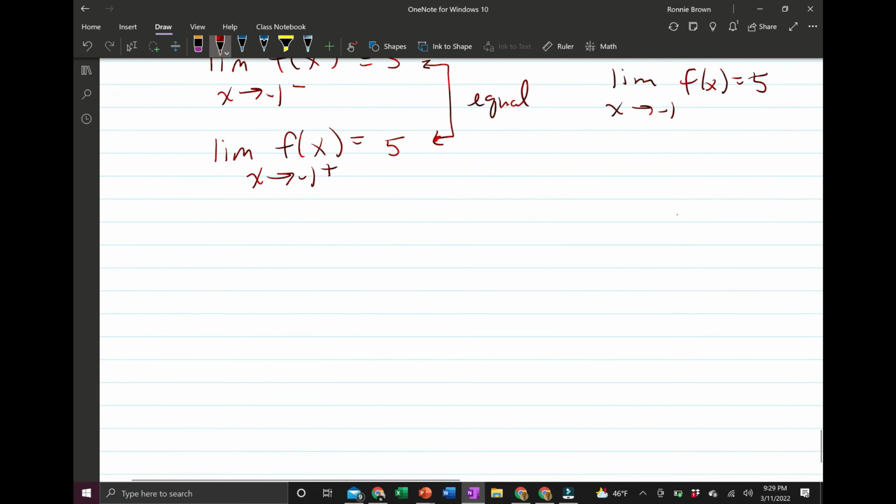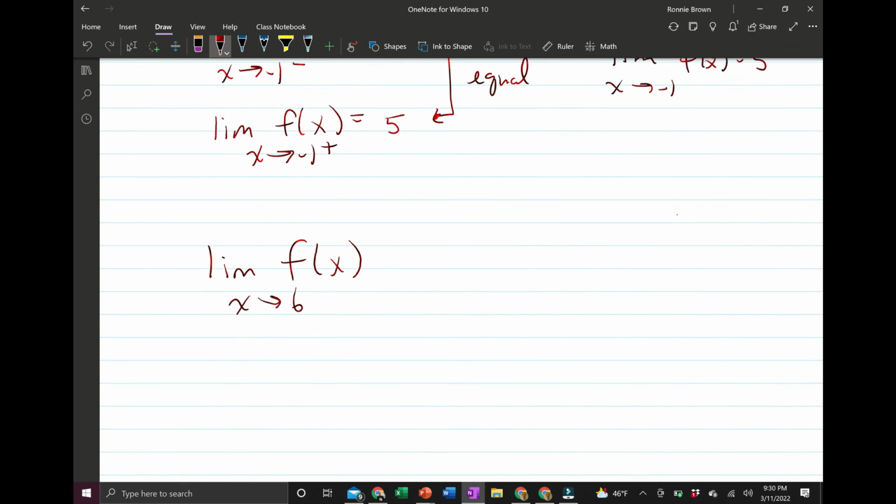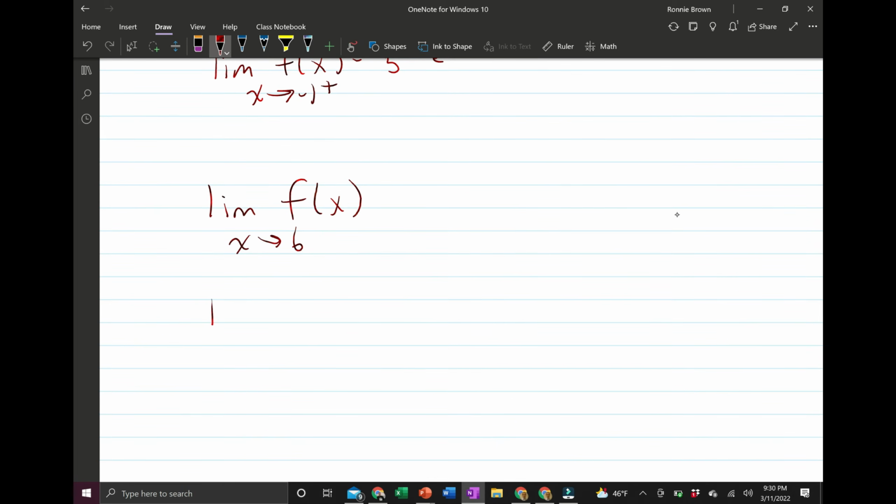All right. Our next one would be maybe the limit of f of x as x approaches 6. Well, let's take a look. Let's look at it from the left. From the left, if you go back and look at the graph, you may have to rewind a little bit if you didn't copy it down, we see that equals 5.